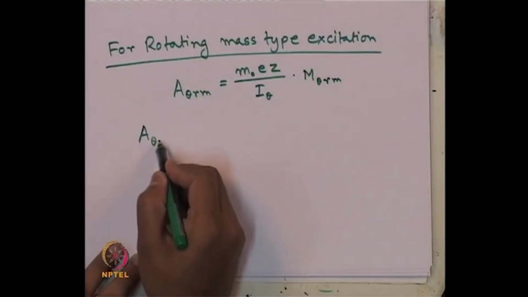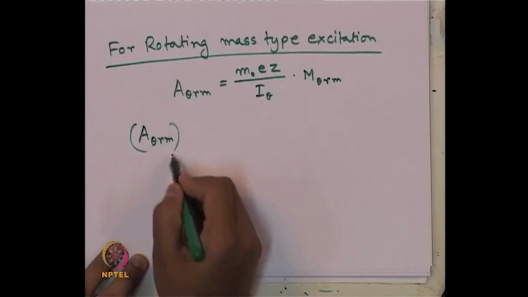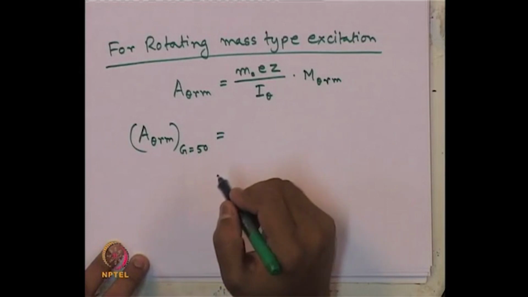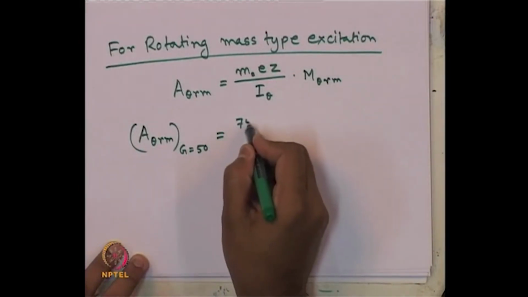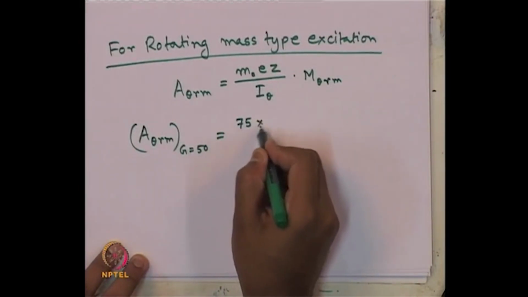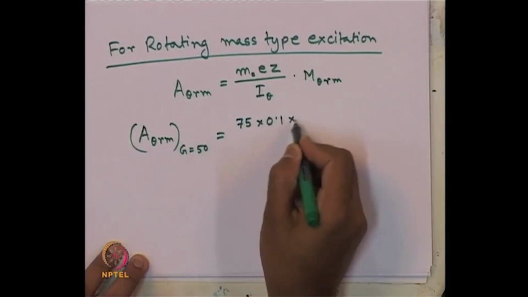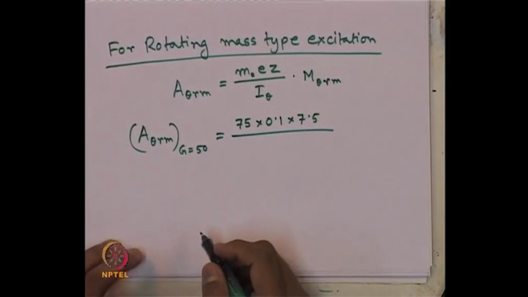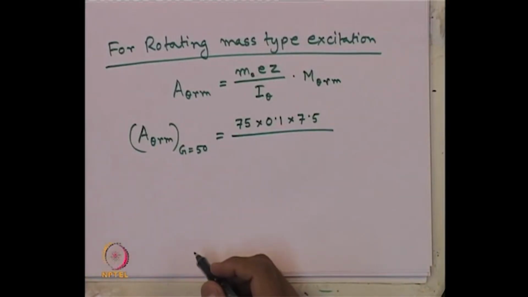So, A theta Rm for the first type of soil, G equals 50. How much are we getting? 75 into 0.1 into 7.5. I theta we had calculated earlier.